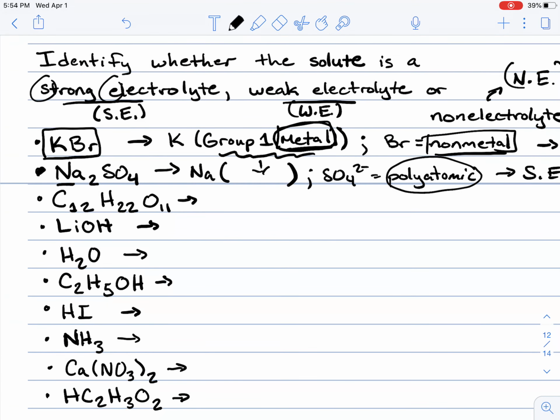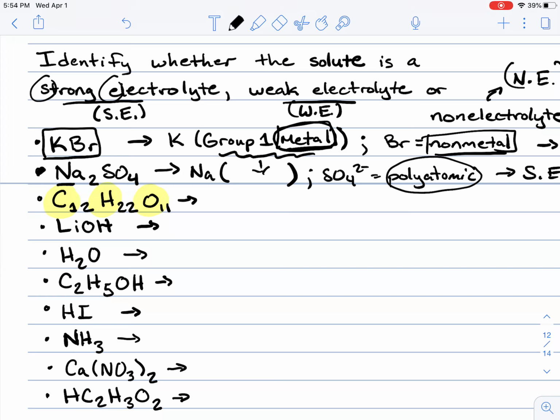Let's take a look at the next example. Here we have carbon, hydrogen, and oxygen. We want to identify where all three of these elements are located and whether or not they're metals or nonmetals.